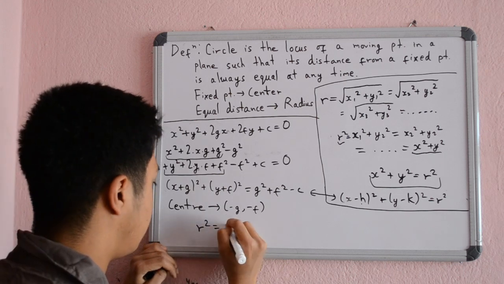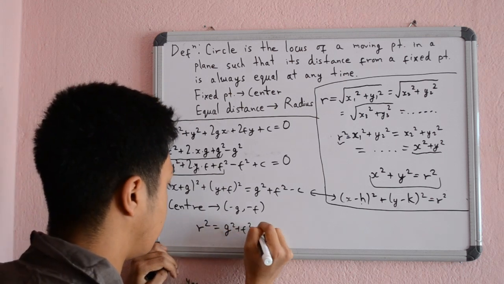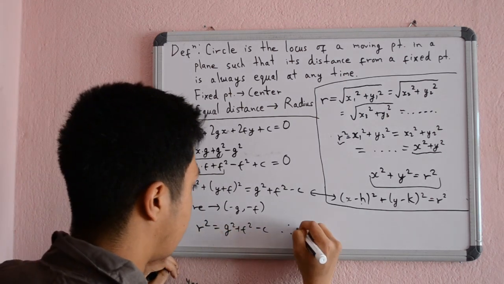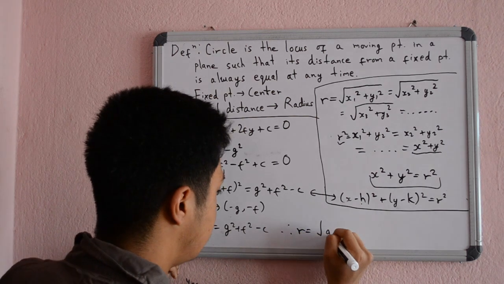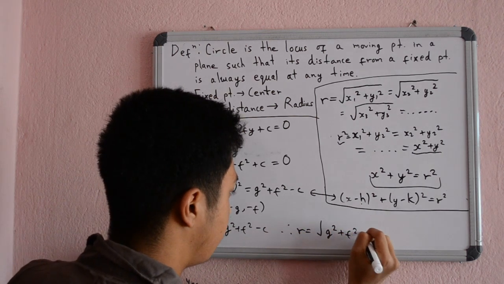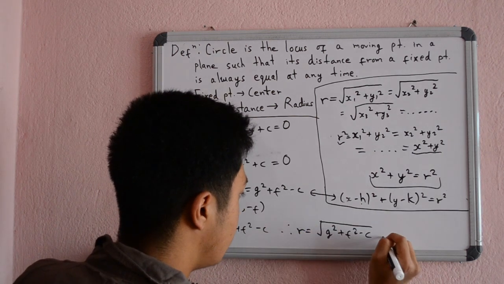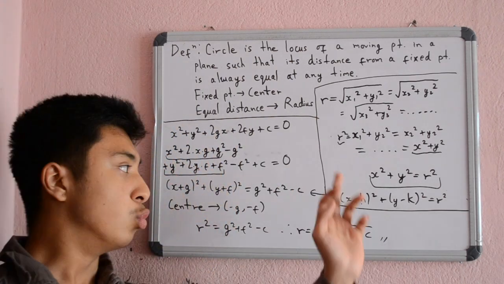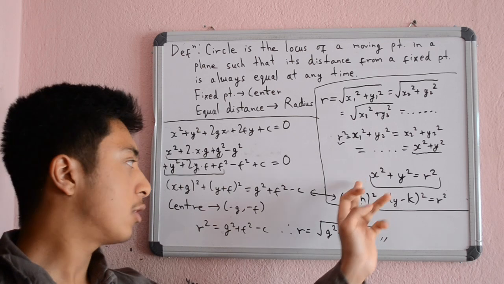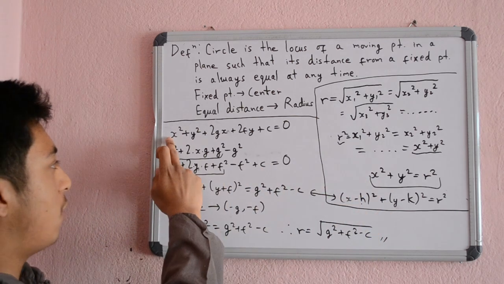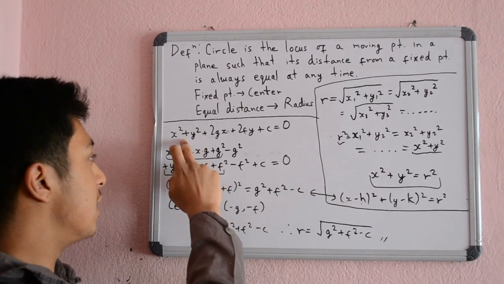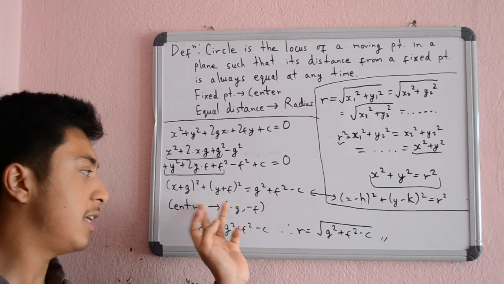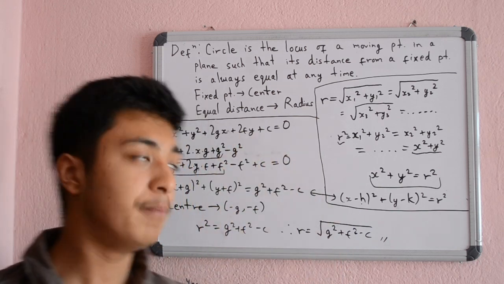So r square is equal to g square plus f square minus c. Therefore the radius is equal to root g square plus f square minus c. So there we go. We have derived the equation of the circle, and from the general equation of the circle, we have found the center and the radius of the circle.